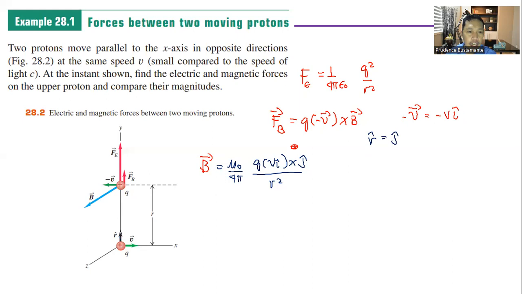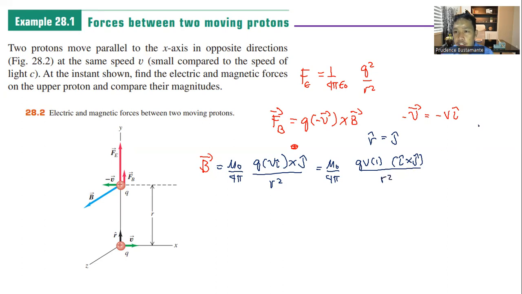So we have mu naught over 4 pi, Q times V, the magnitude of which is V, then i cross j over R squared.